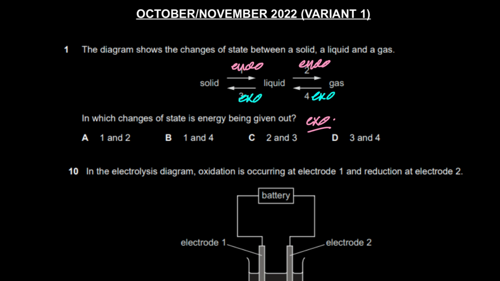Why is it exo? Well, because when you cool a gas, it has more energy than a liquid, right? The gas particles, if you cool them down, effectively lose that extra energy to the surroundings, and therefore they move slower and closer together, forming a liquid. And when you put the liquid in a freezer, why does it make a solid? Because liquids have more energy than solids.